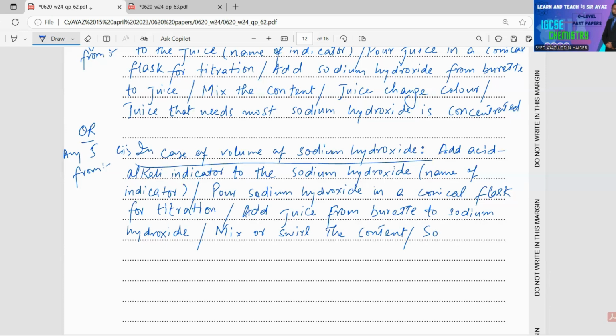Sodium hydroxide changes color. Less volume of juice used means it is most concentrated.